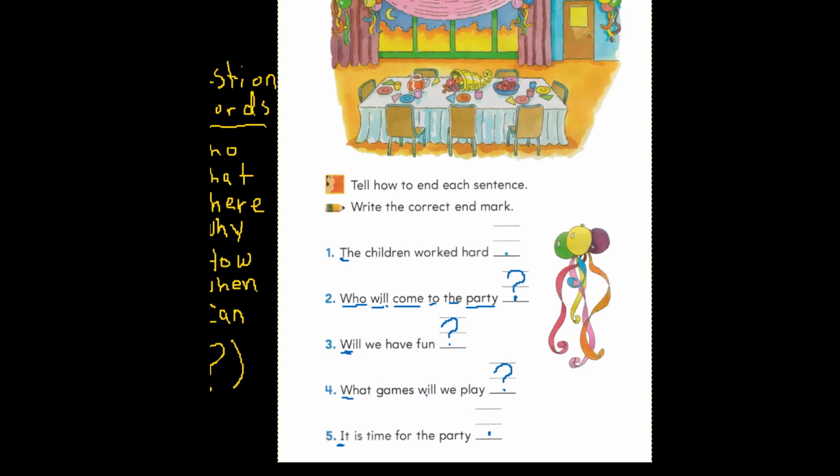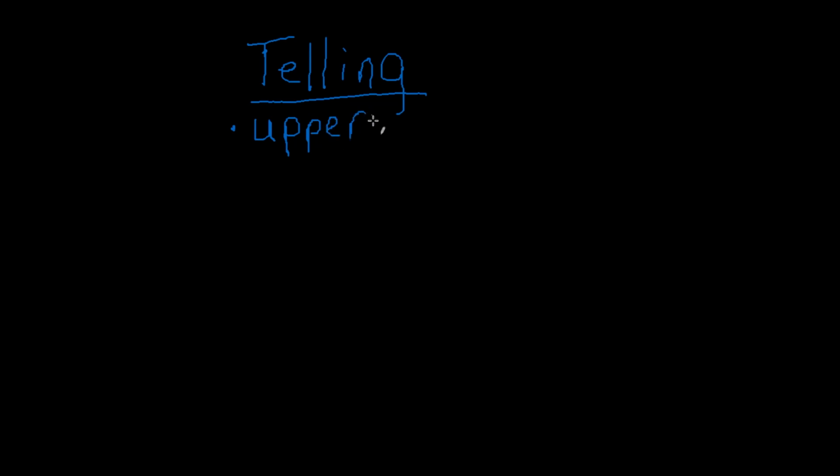Now, what did we learn? Let's do a little bit of review off to the side here, okay? Today was mainly a review. So, our telling sentences start with an uppercase letter, and they end with a period.